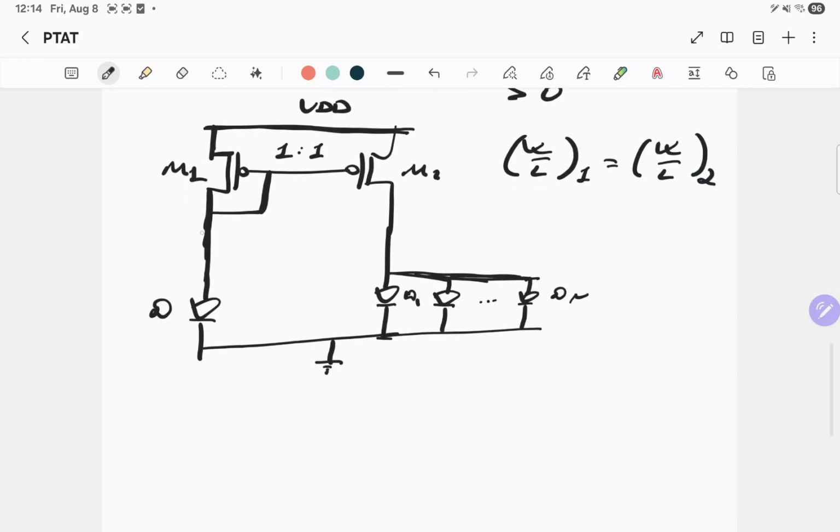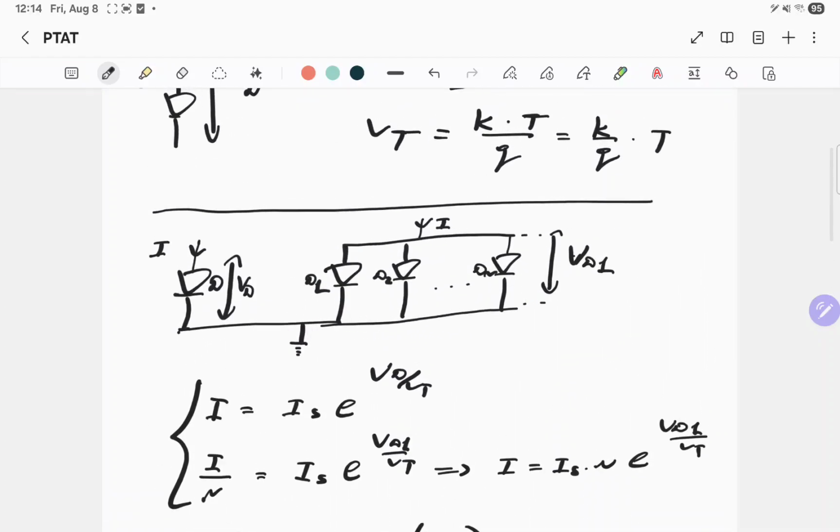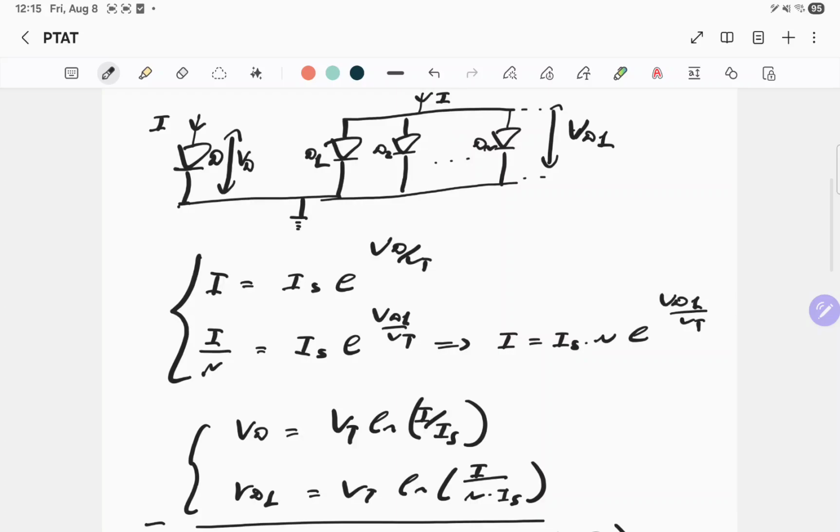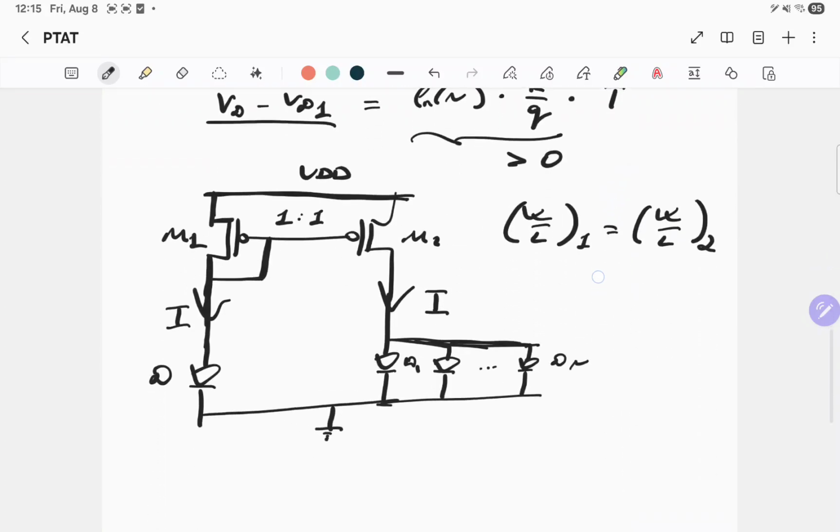Then the currents would be equal. So we will have I, and we will reach our configuration here, where we had currents on the left and on the right equal.